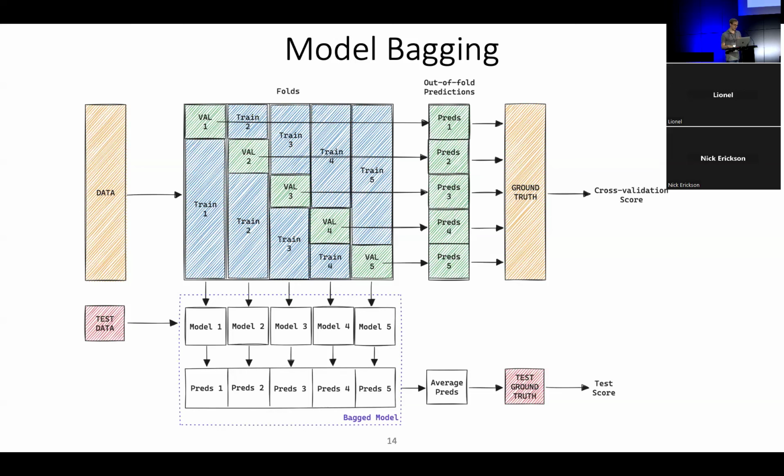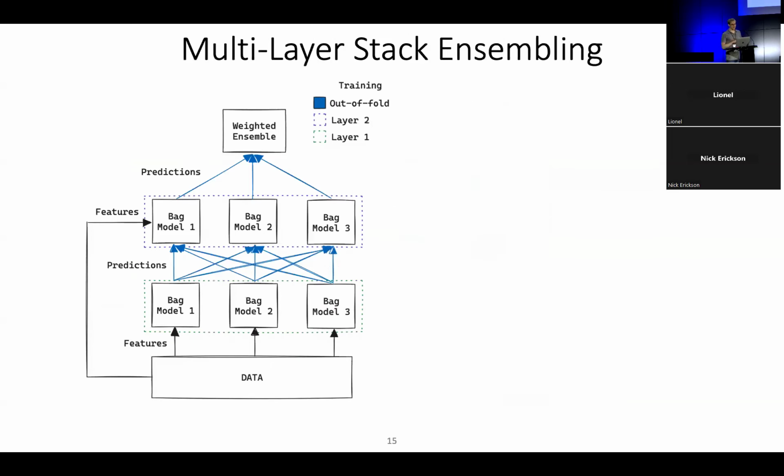So that's one component. The next is multi-layer stack ensembling, which again is fairly complicated. I recommend reading up on it separately from the tutorial to get a full understanding. But basically at training time, we use these out-of-fold predictions that I had mentioned to pass as features to stacker models, which are models that learn interactions of machine learning models as features in combination with the original features of the data.